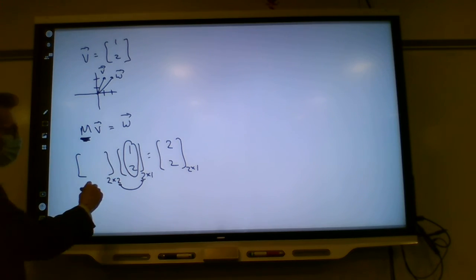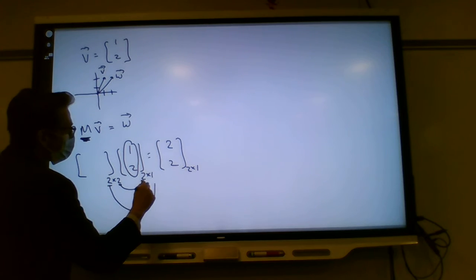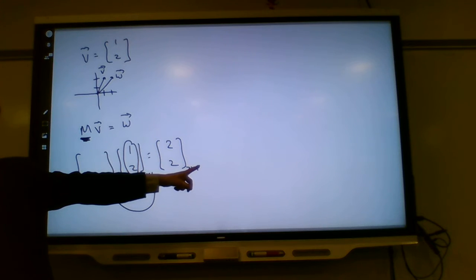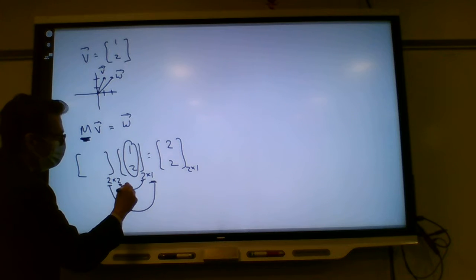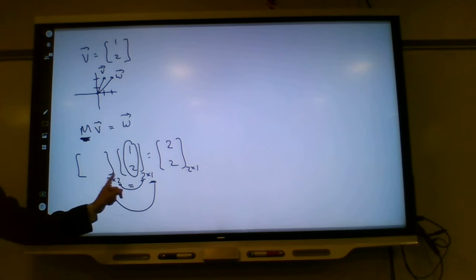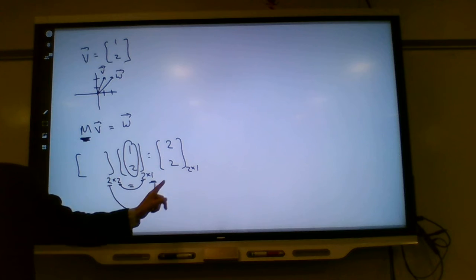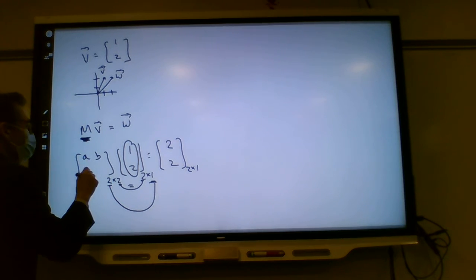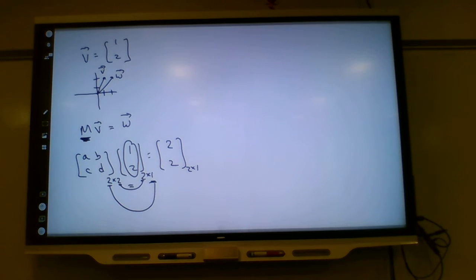And then, these 2 numbers give the dimension of the answer. All right, so we want to try to find a matrix that has A, B, C, D that will transform 1, 2 into 2, 2.